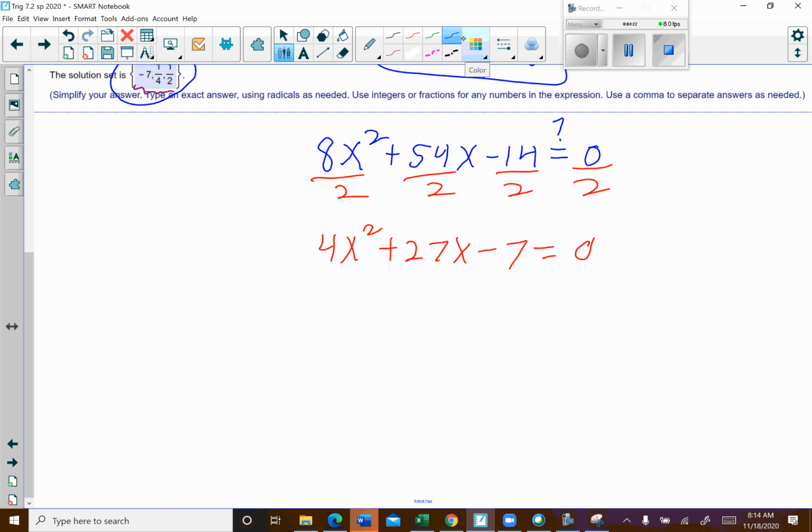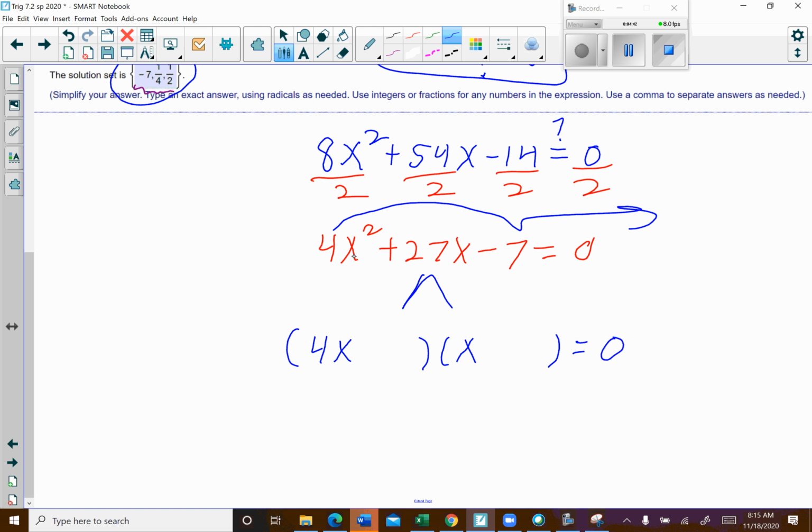And so what I'm going to do is guess and check. I've also done the method where you multiply the edges together and then split the middle. If you're comfortable with that, go ahead and do that. But I'm going to just do guess and check here. So I'm going to guess that it's going to be a 4x and a 1x to get me that 4x squared, right? Then what I got to do is figure out what multiplies to give me -7, but then the inner and the outer has to add up to that 27x right there.